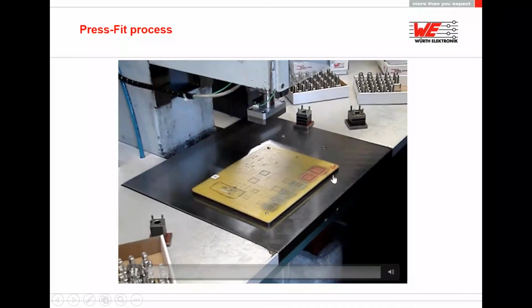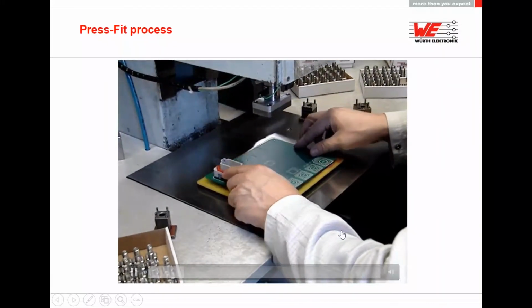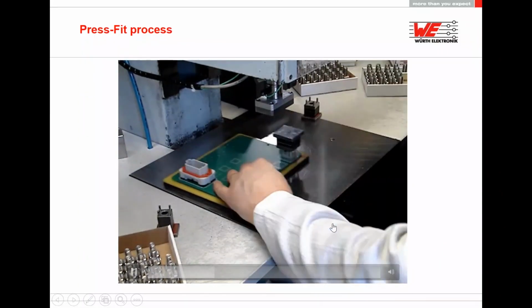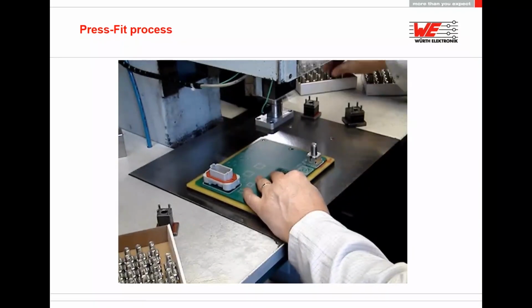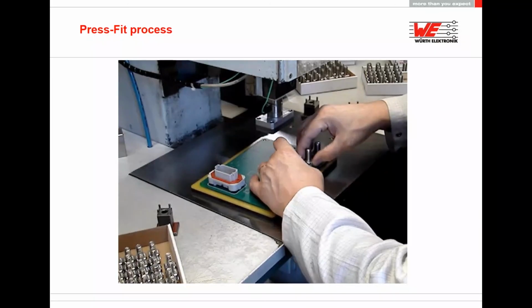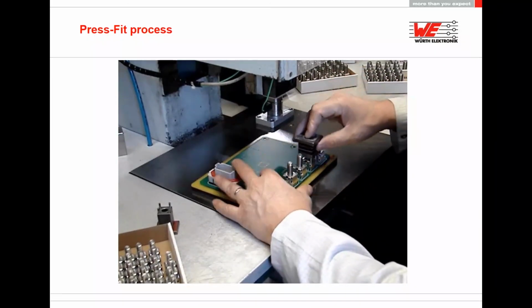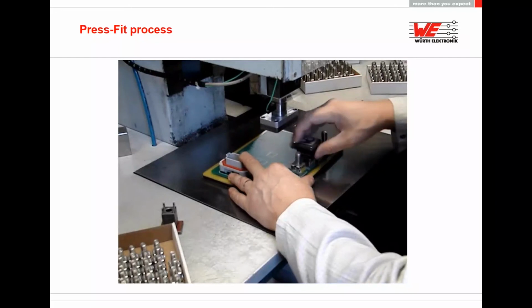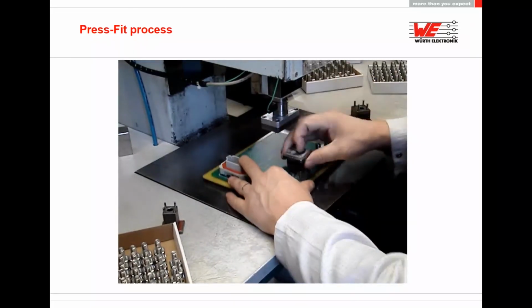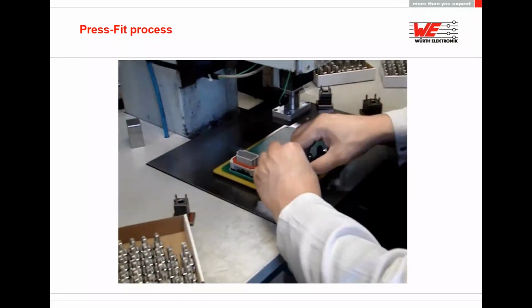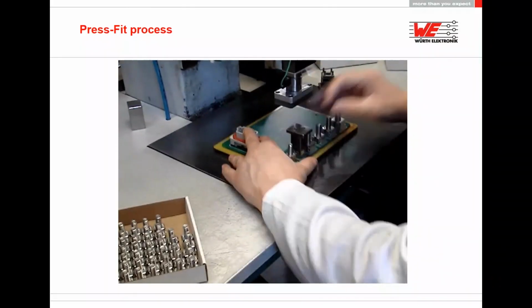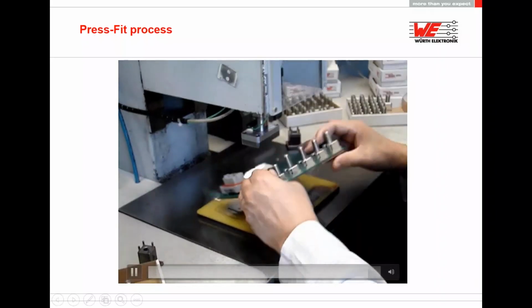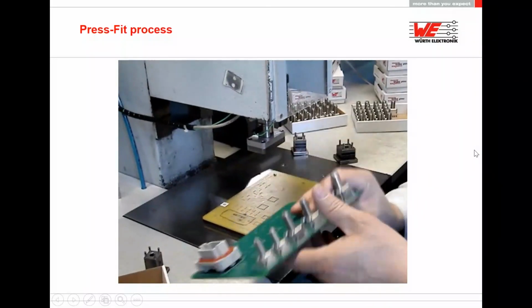Yeah, here is the copper bar. Here the PCB is coming on the support matrix, then the components, the stempel, and then... yes, that's it.